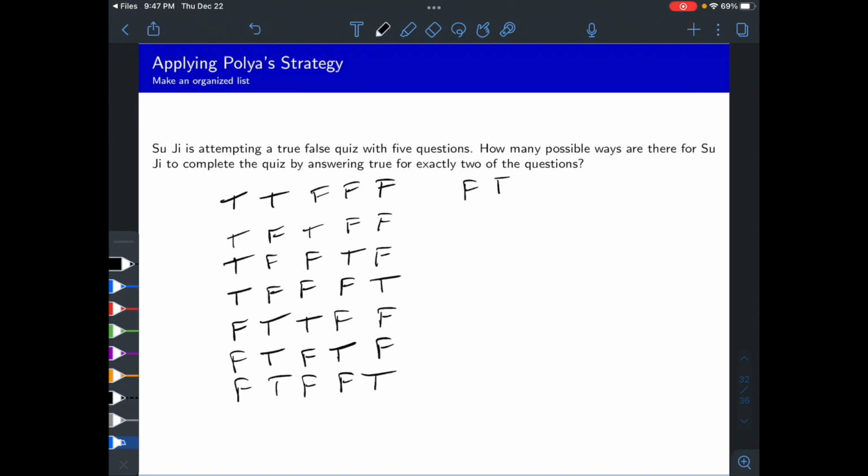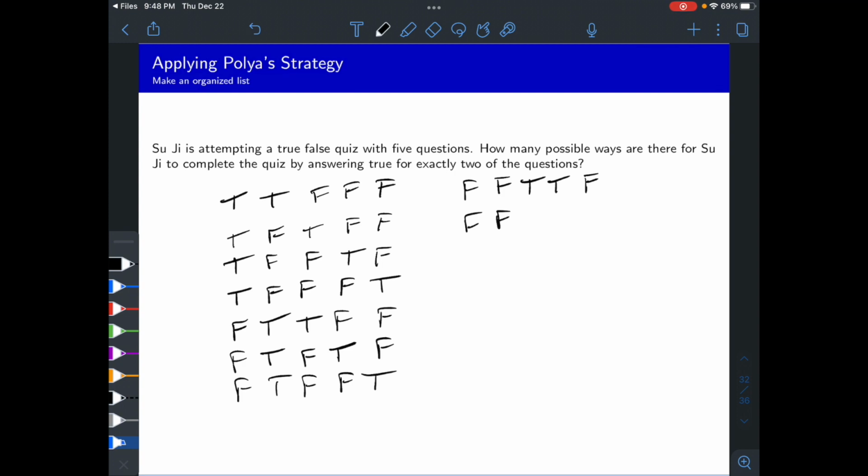So let's say that the first two are false now. Again, notice that none of these possibilities will be repeated in the first table because true shows up as one of the first two options for everything that we've written down so far. So we'll have false, false, and then let's make our next two true.